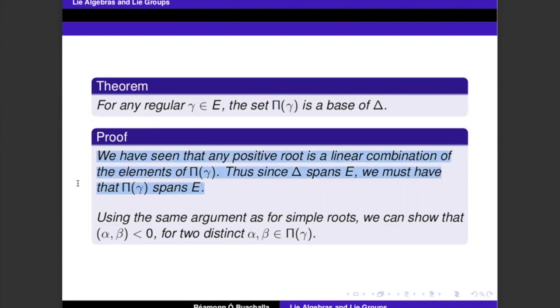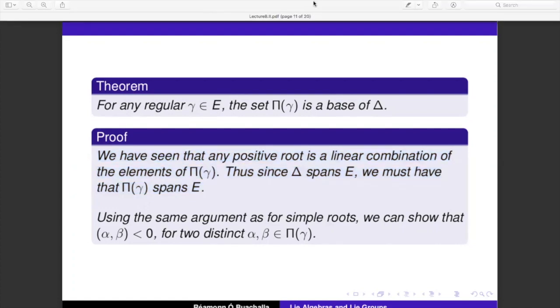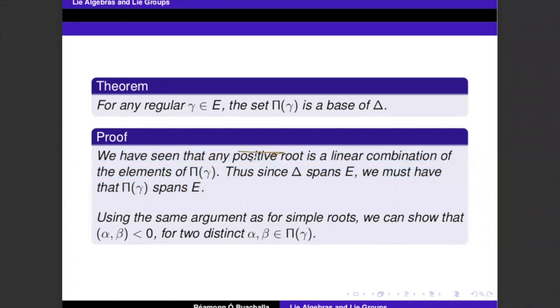We've seen that any positive root is a linear combination of the elements of pi of gamma, and any negative root is too, so we don't need positive here.